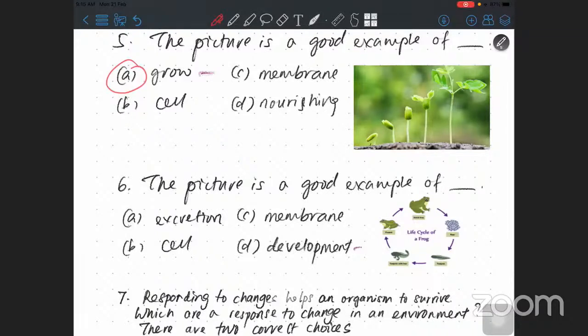And this is the egg, and it developed into the tadpole later, a tadpole with legs, and then a young frog and an adult frog. So the answer for this one is development.